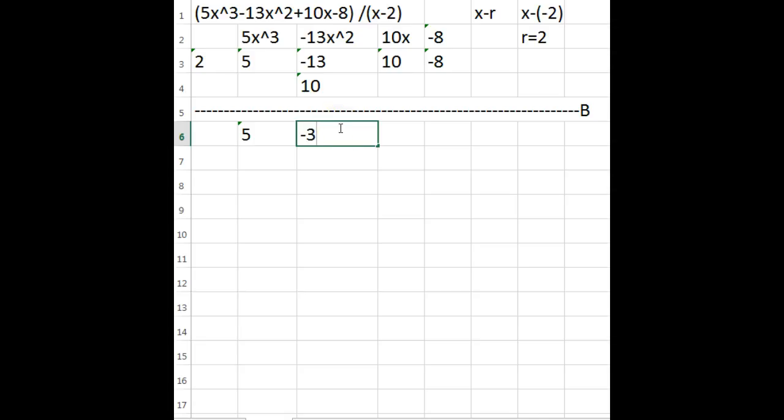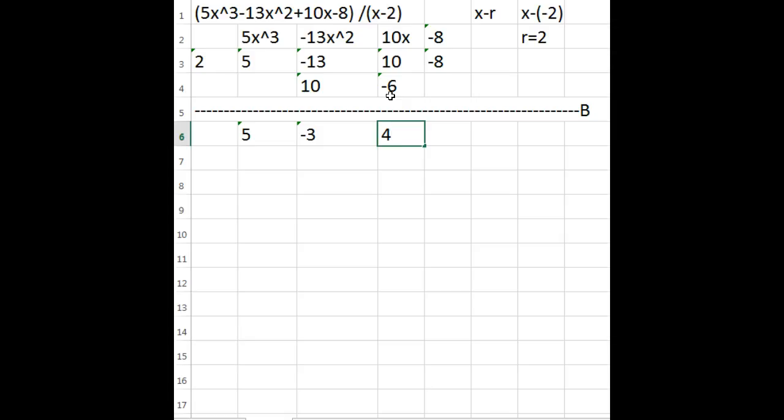Now we go back up to cell A3, our R value of 2, and multiply it by the negative 3 we just put into C6. So 2 times negative 3 is negative 6. That goes below our third term, in D4, which has a value of 10. So we have 10 minus 6, arrow down to cell D6, and we put in 4.